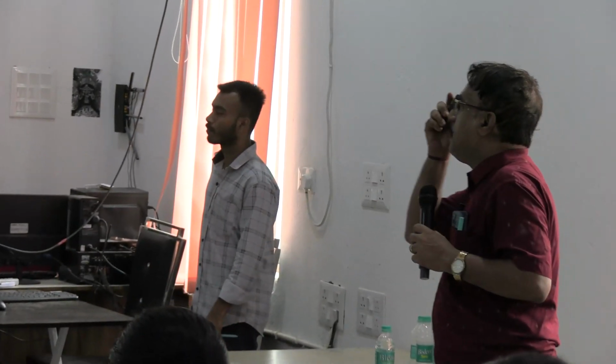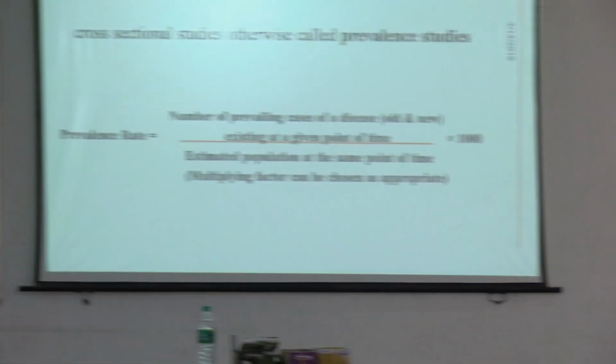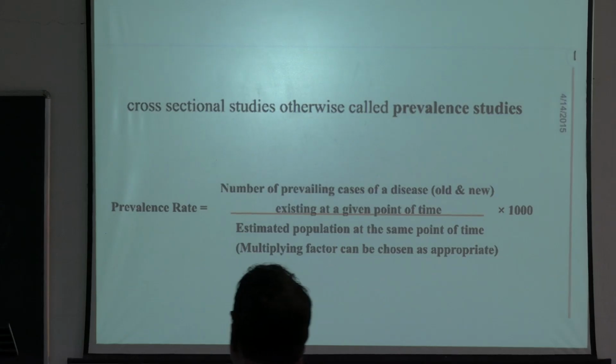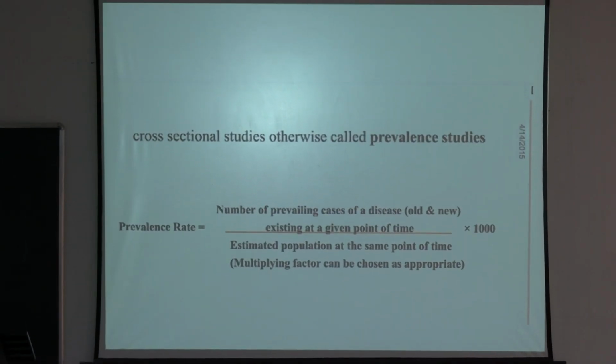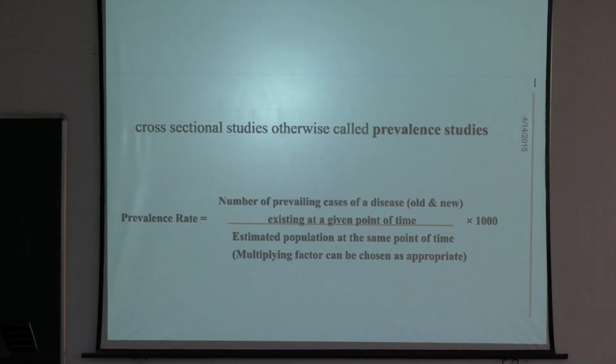So cross-sectional study is also called a prevalence study. So here what we're saying is, number of existing cases, old and new, divided by estimated population at that time into 1000. Okay. Now I'll say, for example, what is the prevalence of myopia in this batch? How do I know it? How many of you are wearing spectacles?